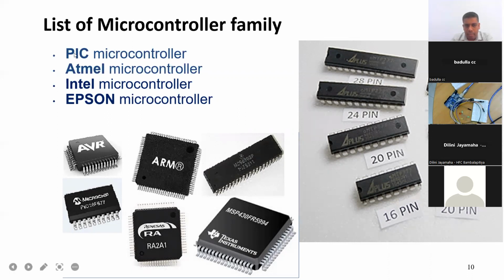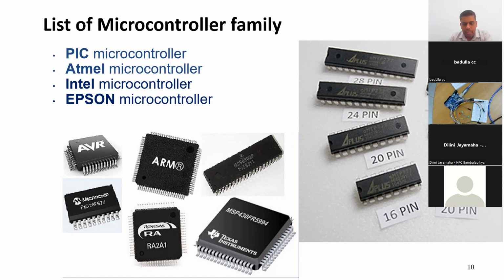Then there are PIC microcontrollers, a PIC series or group. There are also Intel microcontrollers and Epson microcontrollers. Like that, there are many different microcontrollers. We can use any one, but the others are not open source. We call them closed source or commercial products.